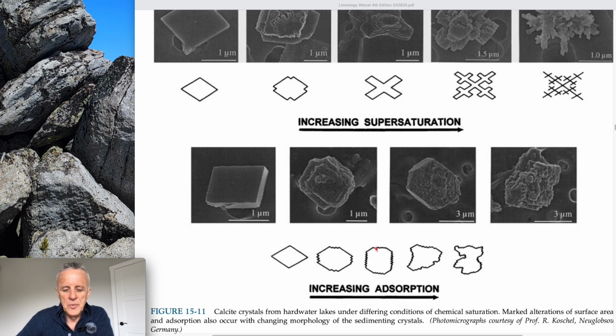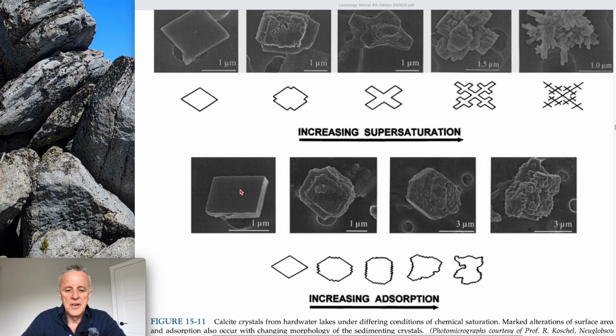And then here we have increased adsorption. So this is where the phosphate is actually linking itself to the surface of the crystal, the calcite crystal. So we can see the growth of that phosphate onto the surface of that crystal.